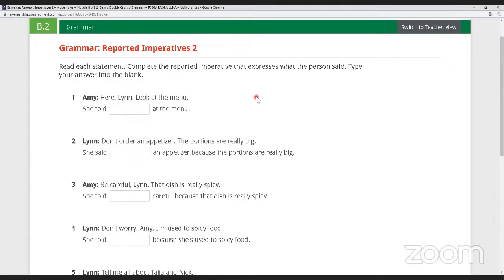Type your answer into the blank. Okay, so number 1. Amy, here, Lynn took a look at the menu. She told Lynn to look at the menu.